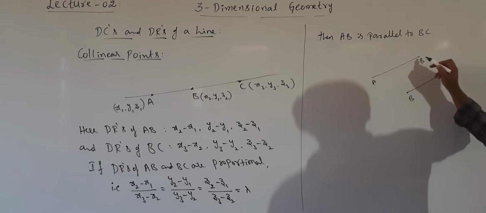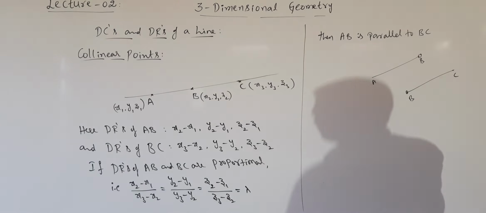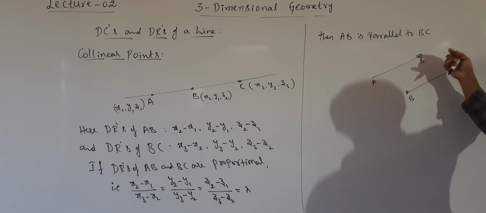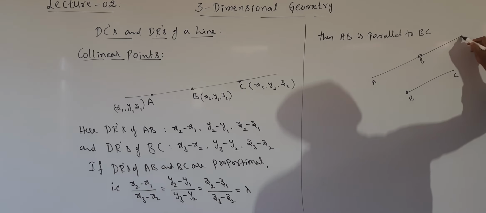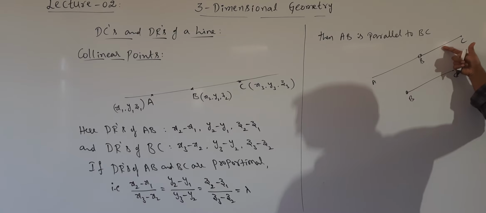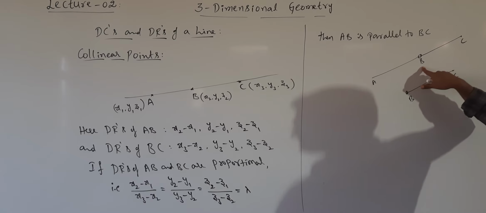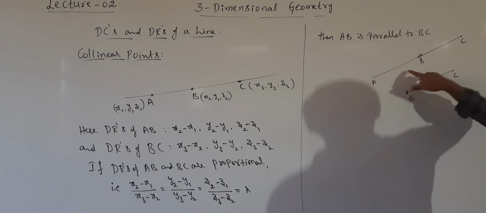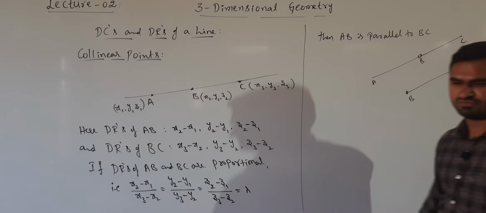But if you observe, B is a common point here. Now B is a common point, so where do we have to draw BC, here or here? We have to draw BC here only. So AB and BC are parallel, we know. Since B is a common point, what can we say? B is a common point means AB and we have to extend BC, so that ABC will be collinear.